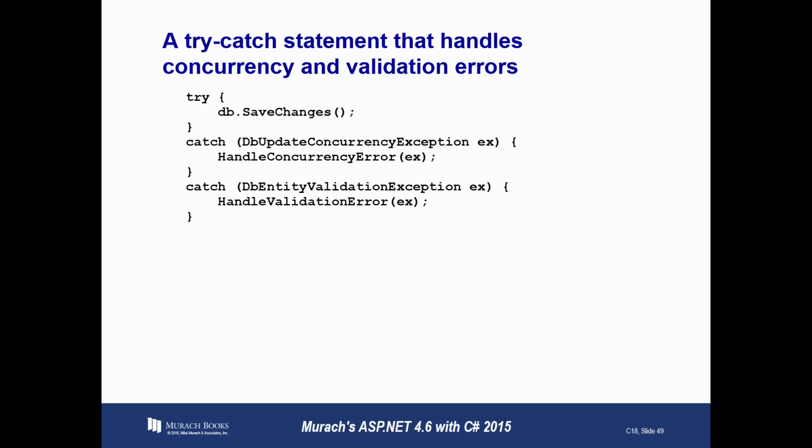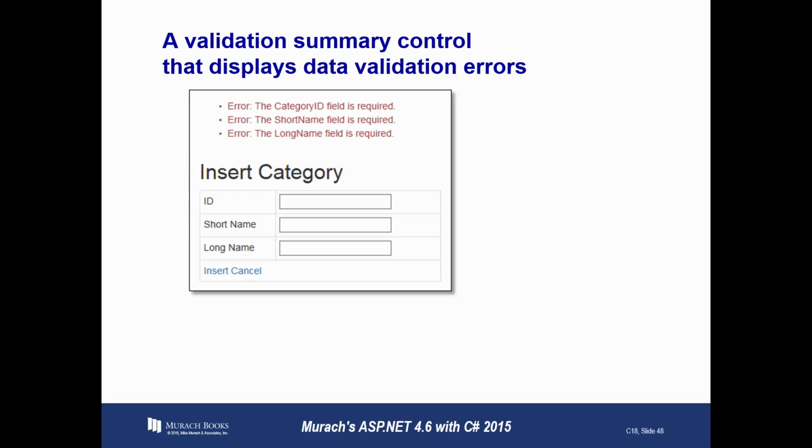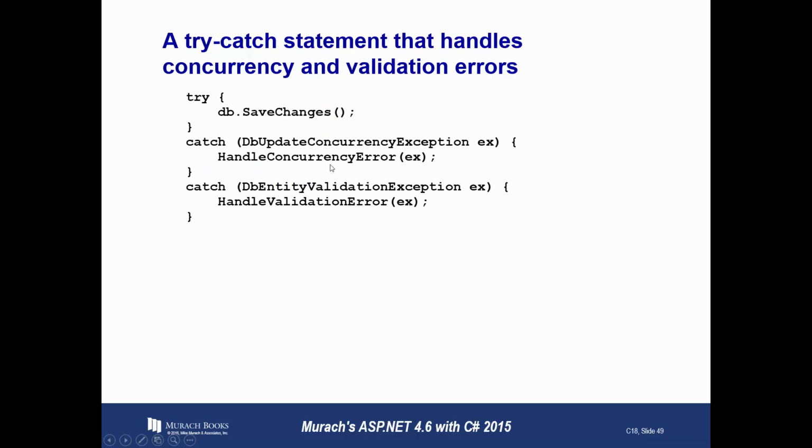This catches both concurrency and data validation exceptions. So the data validation errors are going to be shown up here in a validation summary. But if we get this, we're going to handle it basically by, I believe, just showing everything. It's as though, if we're calling something that doesn't exist, we just return everything.